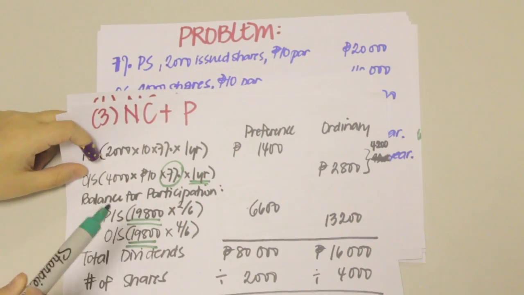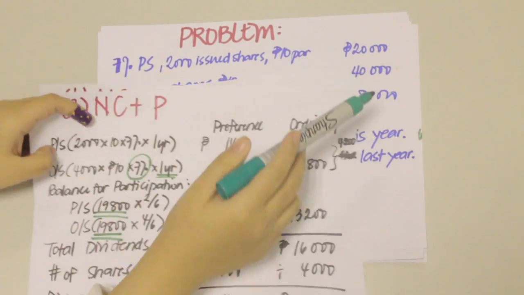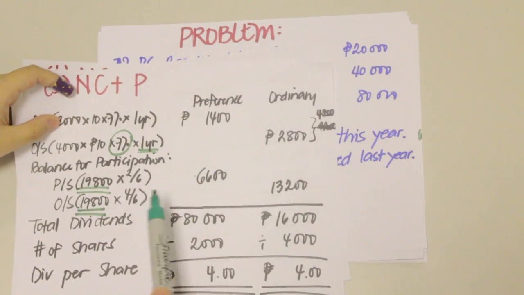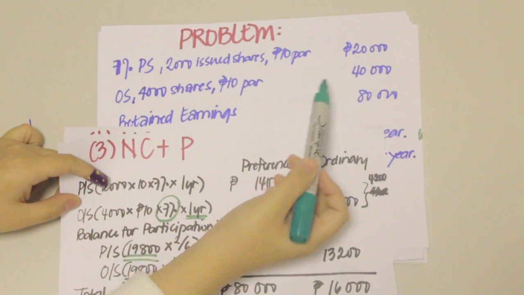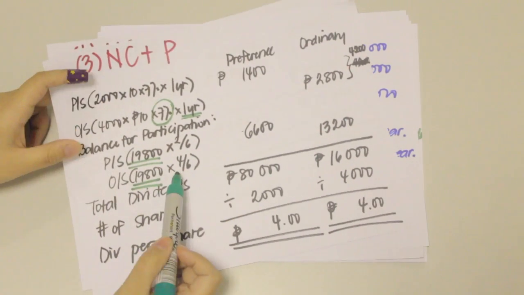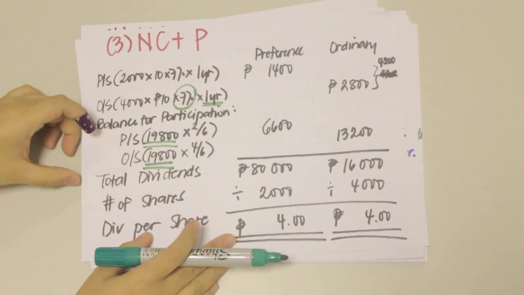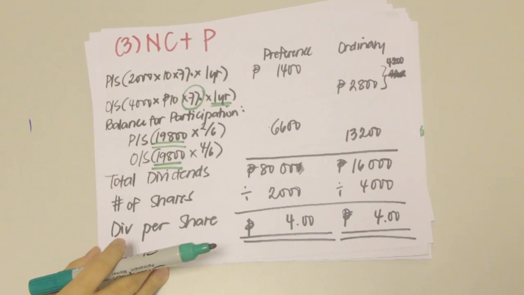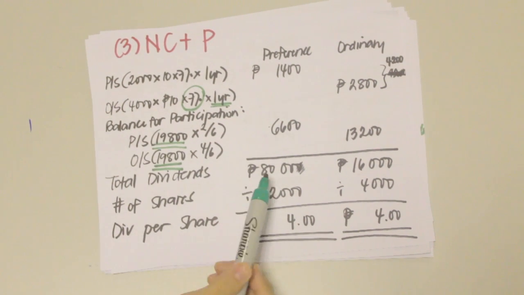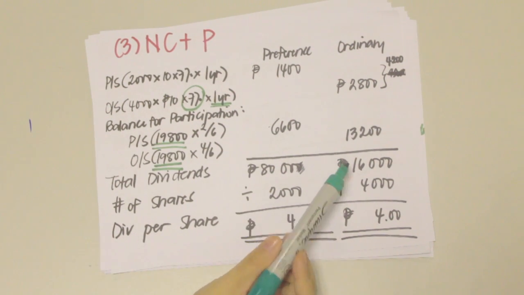So for preference shares, we have 20,000 over 60,000. And for ordinary shares, we have 4,000 times 10, 40,000 over 60,000 here. So these are the amounts we get. The total dividends for preference shares would be 8,000 and 16,000 for ordinary shares.